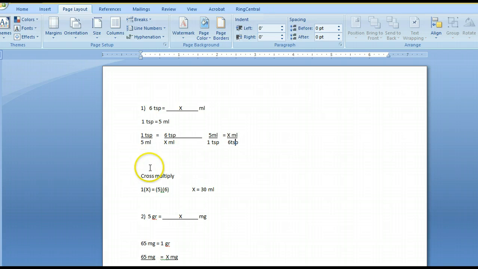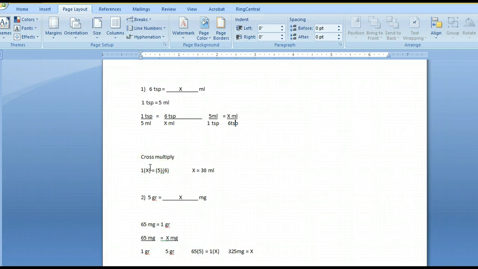So now what we're going to do is some math. You're going to do something called cross multiplying, which means in this case that you are going to multiply the numerator on the left times the denominator on the right.